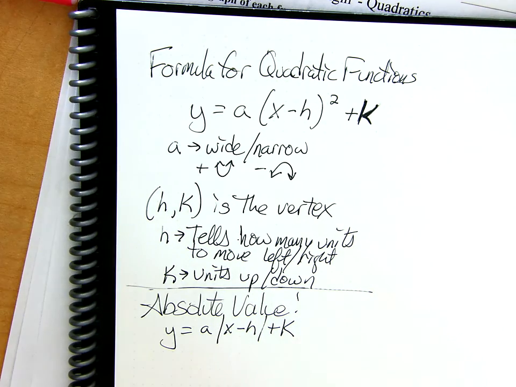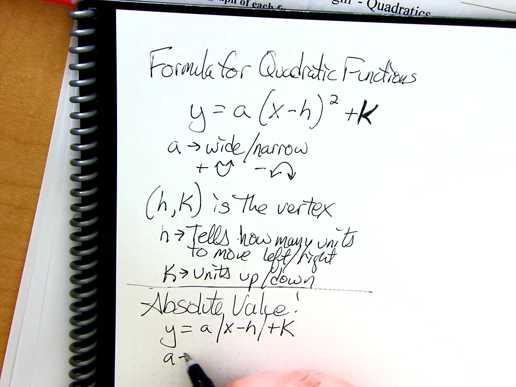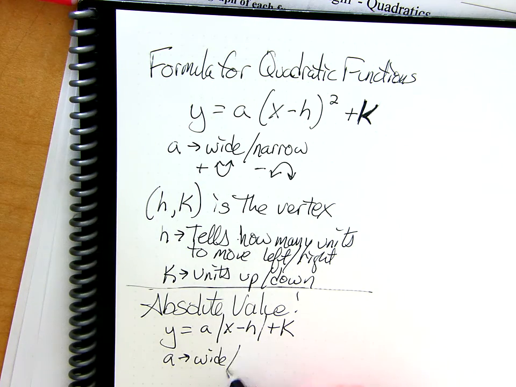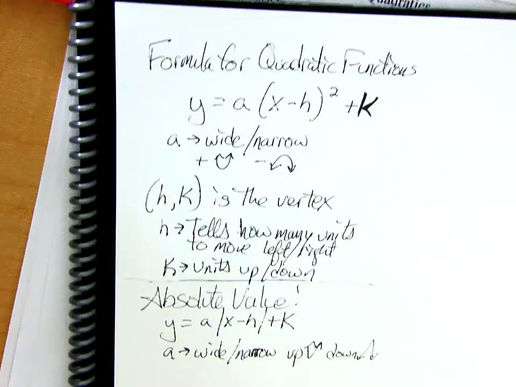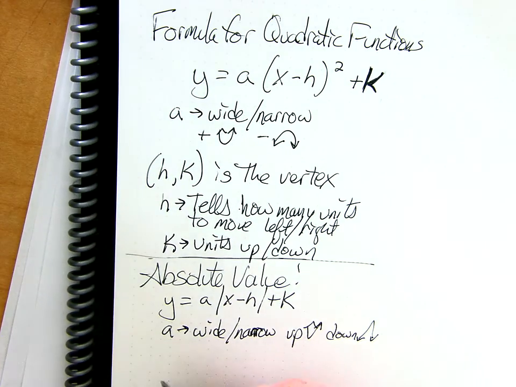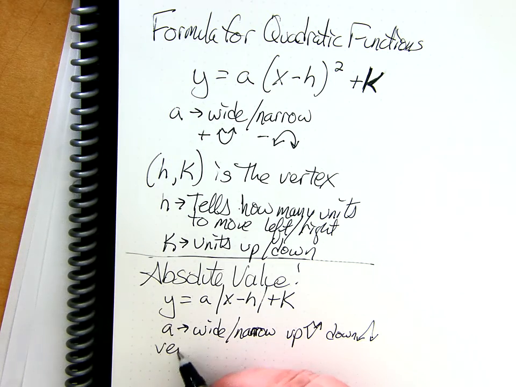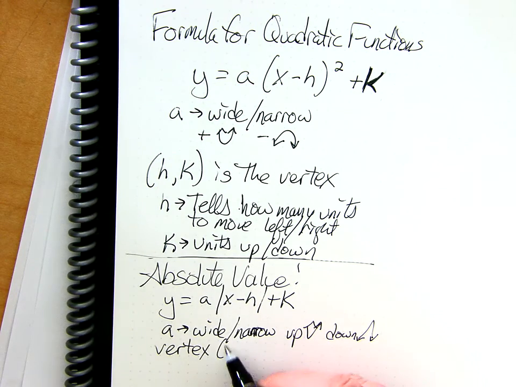It's just that instead of a quadratic, it's now absolute value. So all the things are the same. A still tells me wide, narrow, upside down, or right side up. It's just that these are V-shaped, so it's either going to be up or down. And then my vertex is still at h comma k.